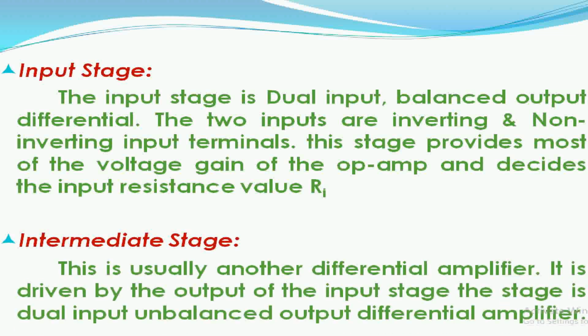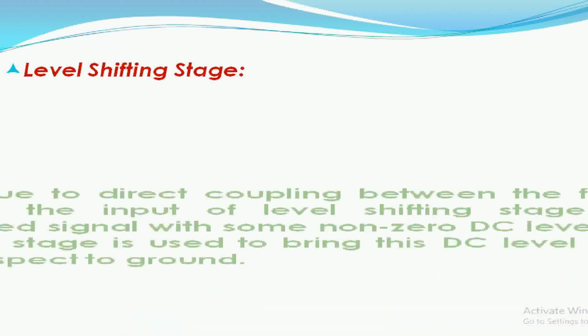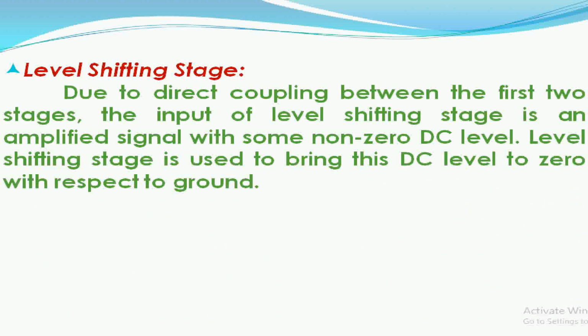Next one is the intermediate stage. This is usually another differential amplifier. It is driven by the output of the input stage. It is a dual input and unbalanced output differential amplifier. And the next one is the level shifting stage.